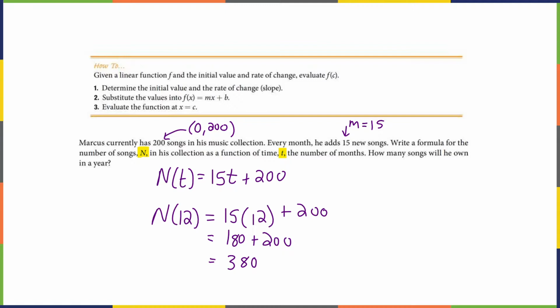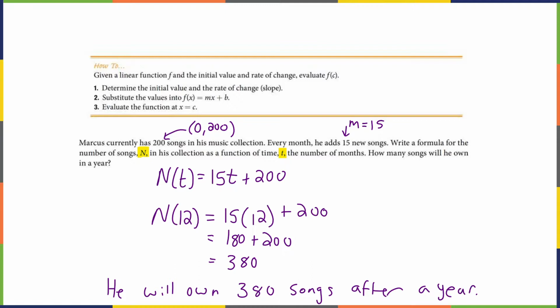Now, this is a word problem, so our answer should be written as a sentence. It doesn't have to be a very exciting sentence, but he will own 380 songs after a year.